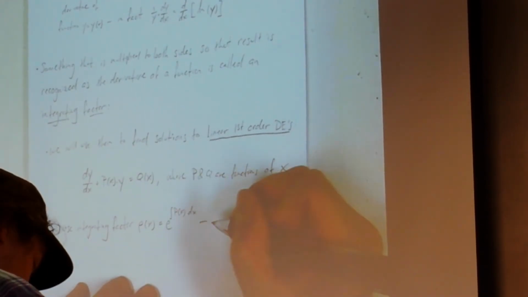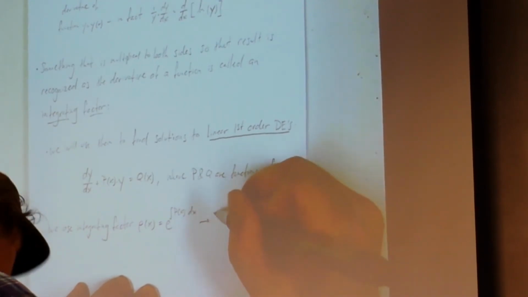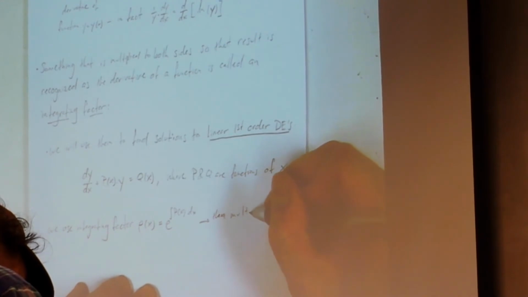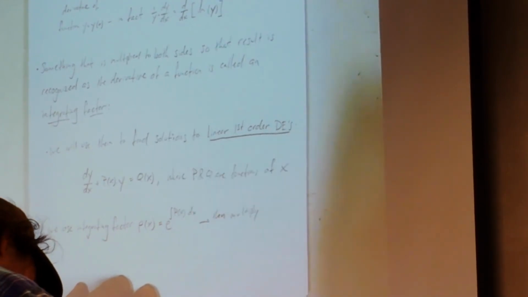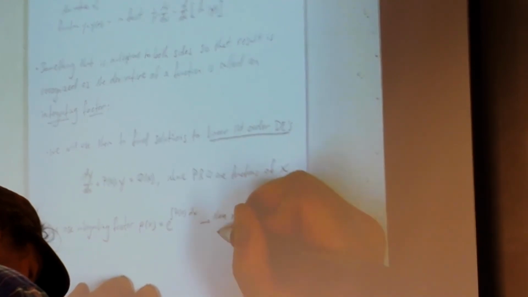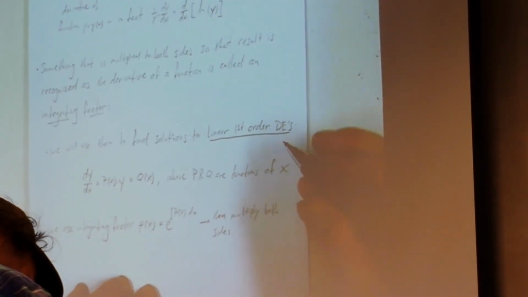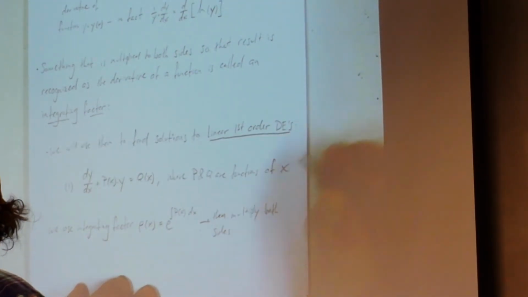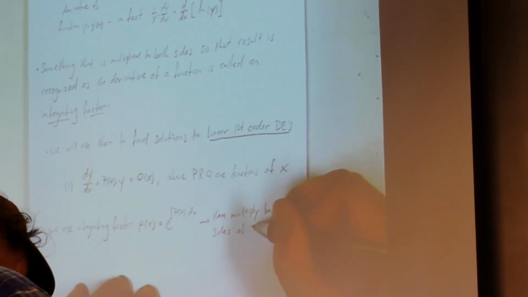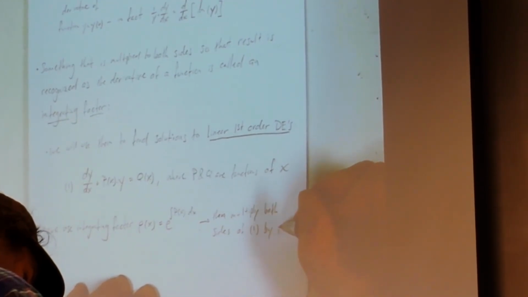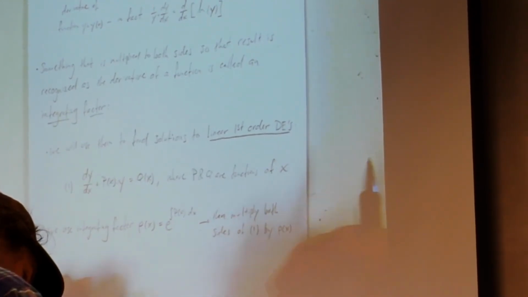And what we do with this integrating factor is multiply both sides of the differential equation by it. By the way, I'm going to call that equation 1 just so I can refer to it. Then we multiply both sides of 1 by that rho of x.